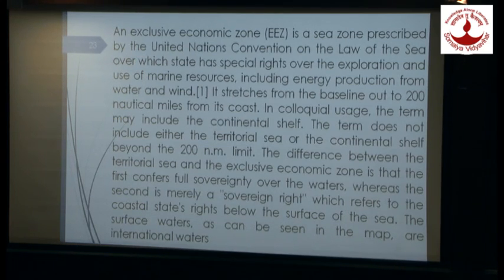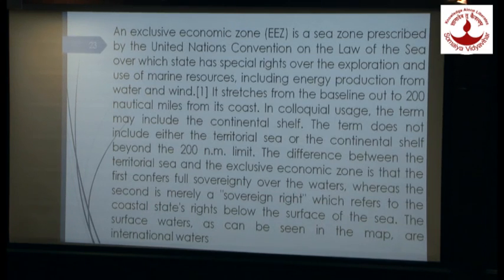Now what is this? It is a sea zone prescribed by the United Nations Convention on the Law of the Sea. There are certain laws even meant for the sea, which are followed by most of the countries. Otherwise, there would have been a big chaos. So there are certain regulations. Over it, the state has special rights over the exploration and use of marine resources, including energy production.